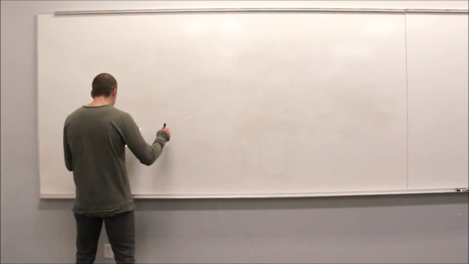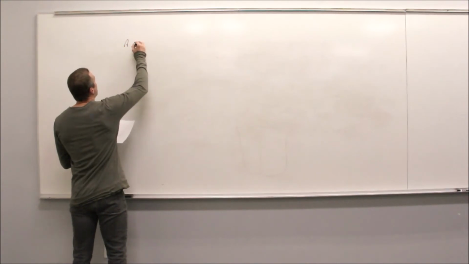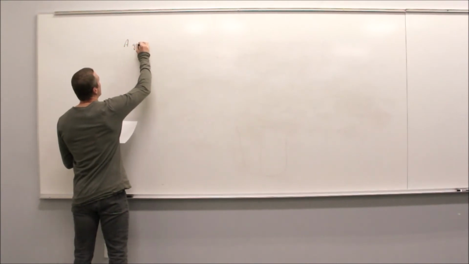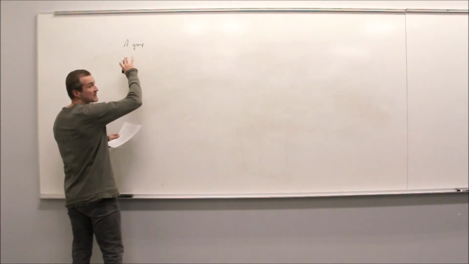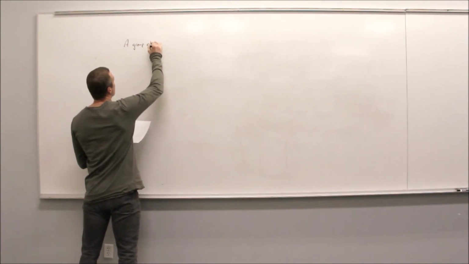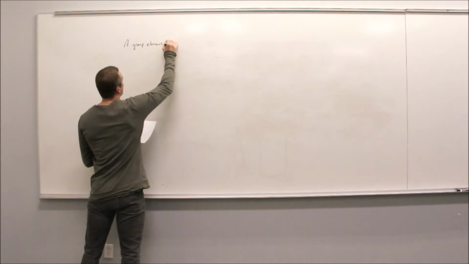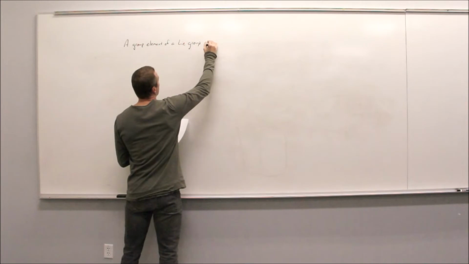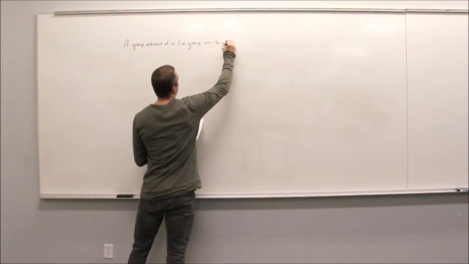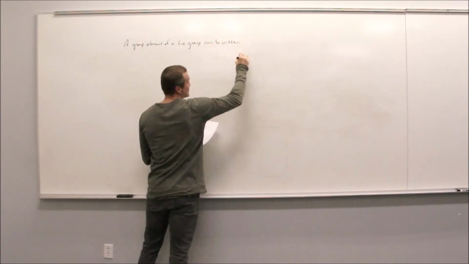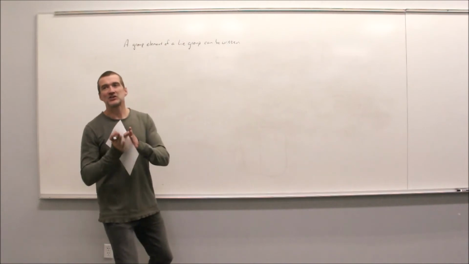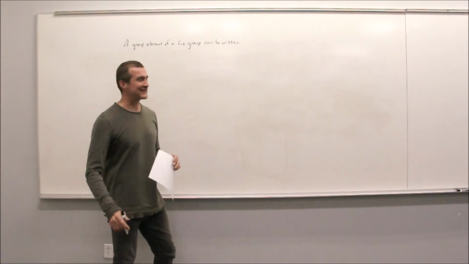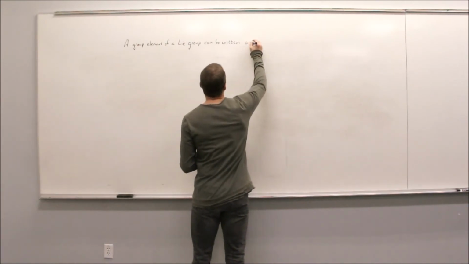Okay, so here we go. A group element, this is not an infinitesimal element, this is an arbitrary element. A group element of a Lie group can be written, and by the way, those who took GR, welcome to this, because this isn't covered in GR at all, can be written as the following.